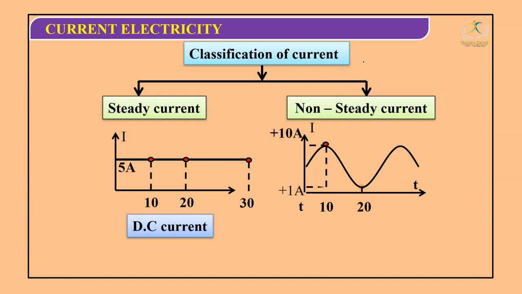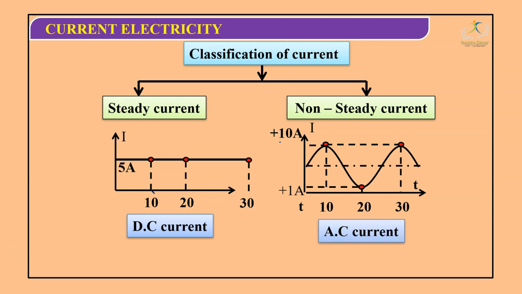This is called non-steady current. As we can see here, the current will be the same, like 5 ampere in 10 seconds, 5 ampere in 20 seconds. So this will be called a steady current. But here, as you can see, there are some fluctuations or pulses. That's why this is a non-steady current, which is said to be an AC current.